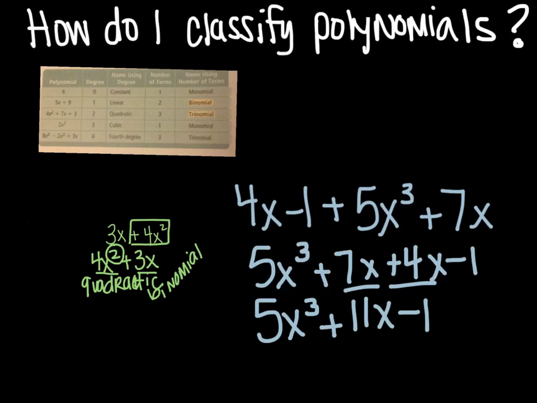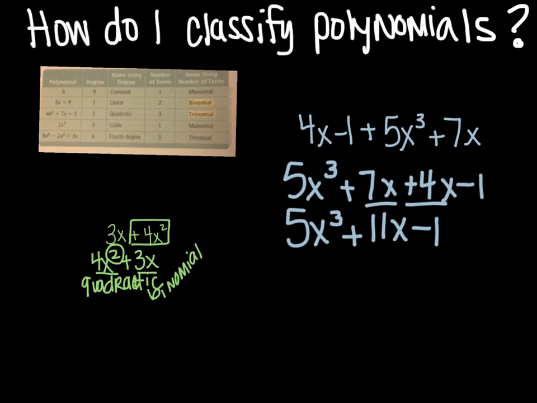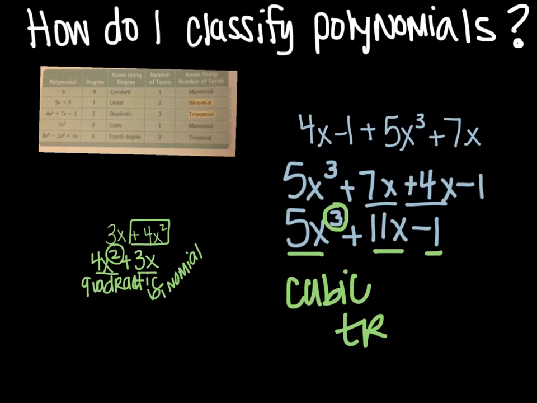So now that I've done all of that, now I can classify the polynomial that I have here. The highest degree is 3, which means this is a cubic. And then there are 1, 2, 3 terms, so it is a cubic trinomial.